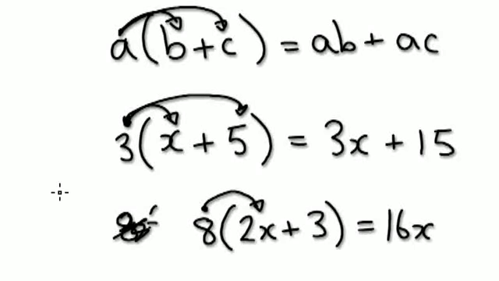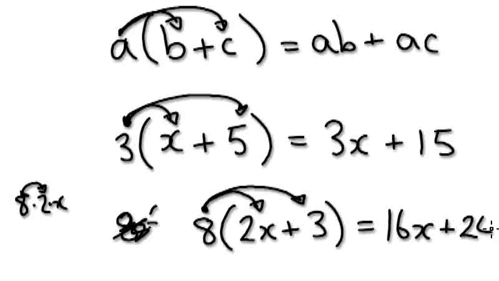Remember, when they're times, they're all merged: what you've got here is 8 times 2 times x. So let's just get 8 times 2, which is 16, and then stick it with the x. So basically 16x, and then 8 times 3, which is 24.